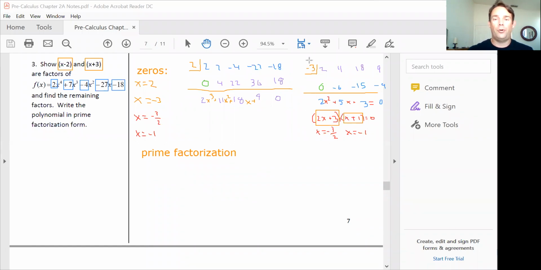If I'm writing it as a prime factorization, that means literally just take all the factors and write them in place. So f of x equals the 2 that they gave me, x minus 2, x plus 3, 2x plus 3, and x plus 1.